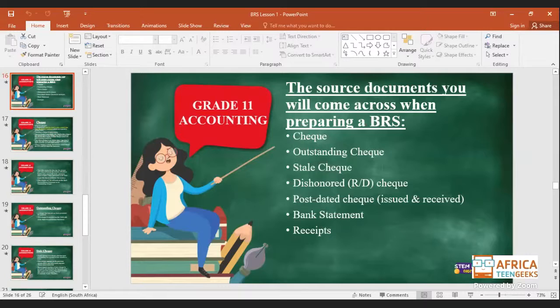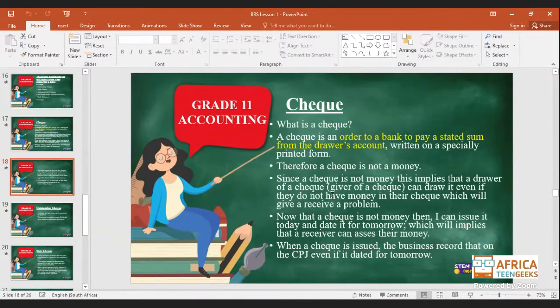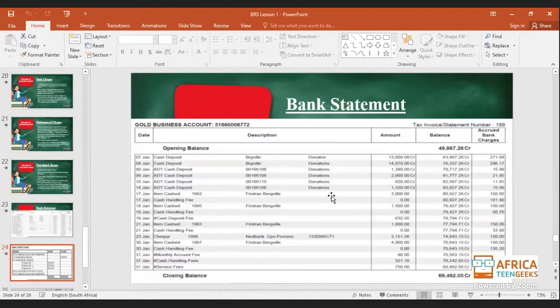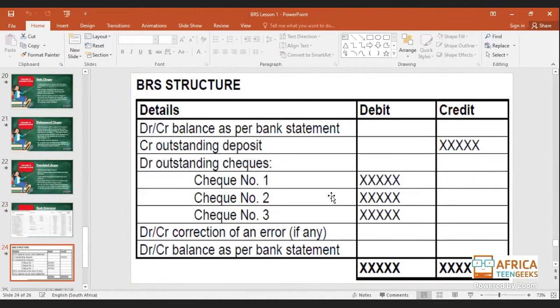So you go and prepare yourself on checks and also the bank statement. Tomorrow we'll be looking at that, and also the sample of the bank reconciliation structure.